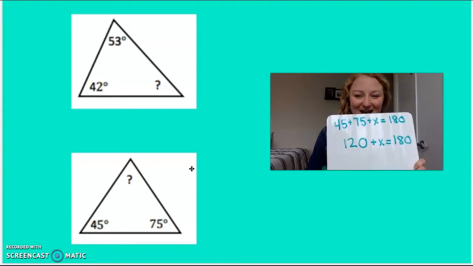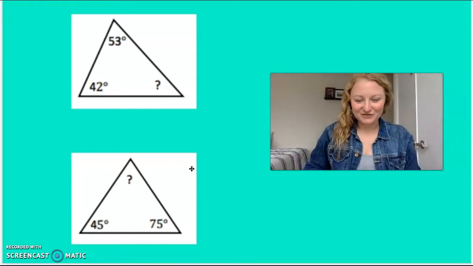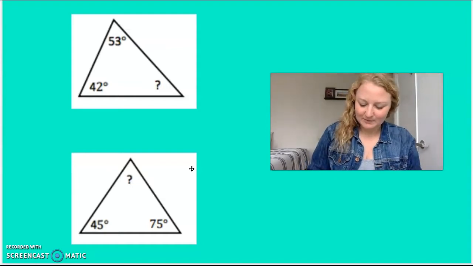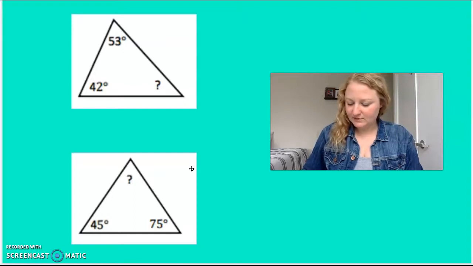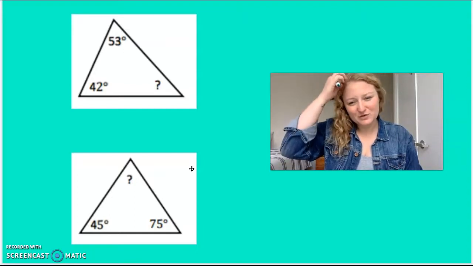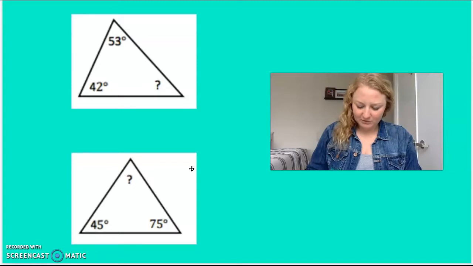Now, if we want to get x alone, think about what you need to do to get x alone. Try that, solve for x, and we'll compare in a moment. Once you've found what x equals, see if you can check your work. See if you can plug x into the question mark and see if all three of your angles equal 180.